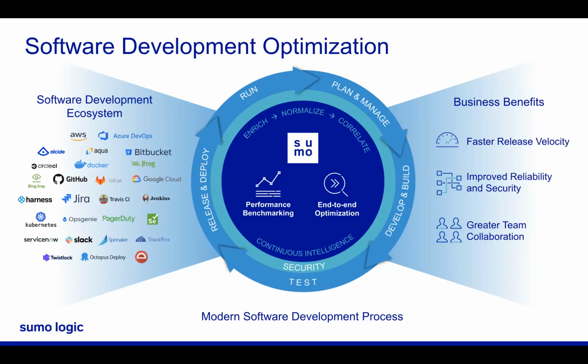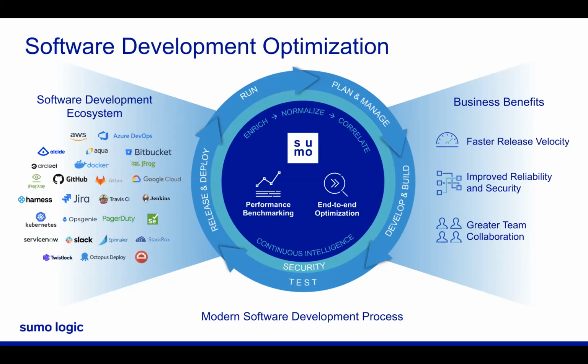So with Sumo, we have software development optimization, based on DORA metrics, which I'll talk about in a minute. It takes data from many sources, and we have various methods to take and normalize the data and bring it to Sumo Logic. Once you bring the data and normalize it, we can correlate it and give you a sense of it.